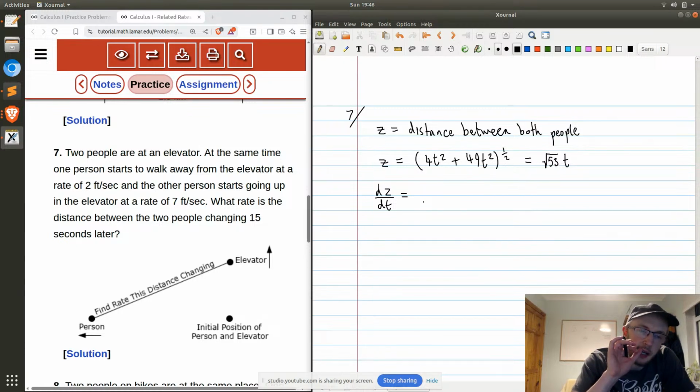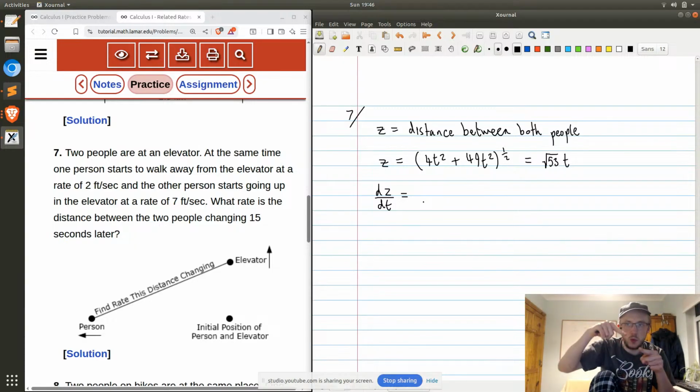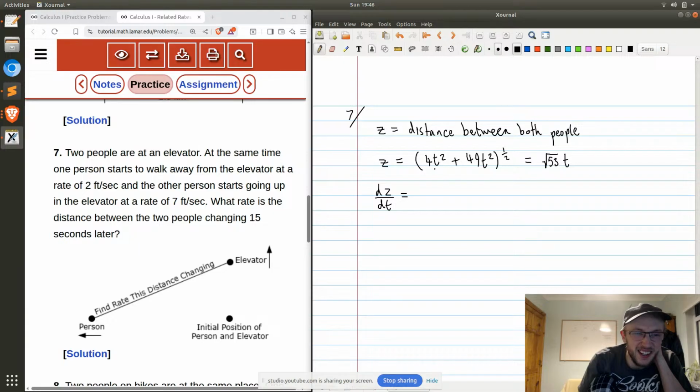At the same time, one person starts to walk away from the elevator, another person starts going up in the elevator. So I can't see how it's not exactly the same.